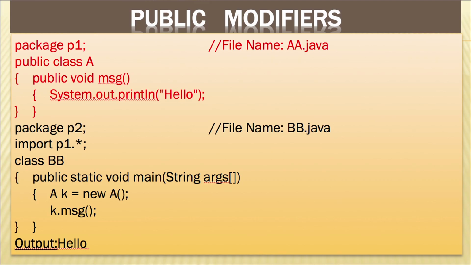In the second file we import the first package p1.*, and inside class BB we have public static void main, where we first define the object of the previous class A, that is k = new A, and k.message. By this we can execute the message function of the previous class.